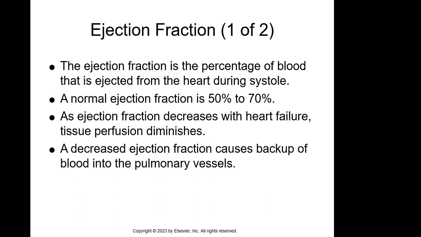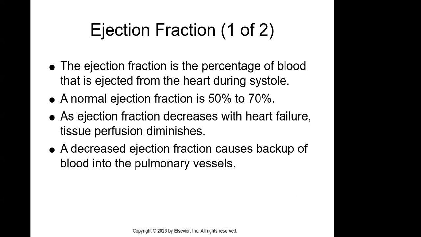Okay, so the ejection fraction, this is blood that is actually ejected or pushed out of the heart during systole. Remember, systole is going to be that contraction of the heart. Now, a normal ejection fraction is about 50 to 70%.